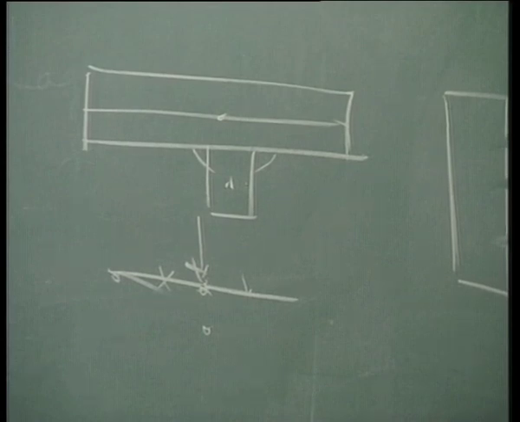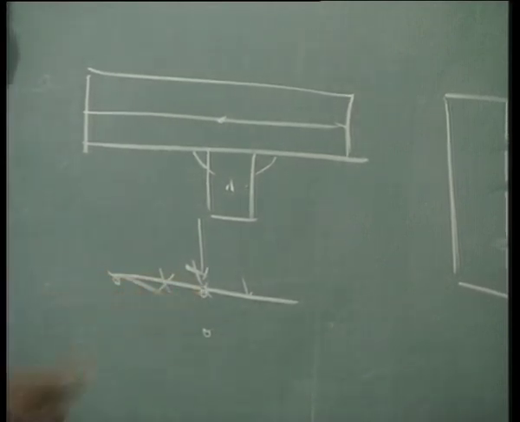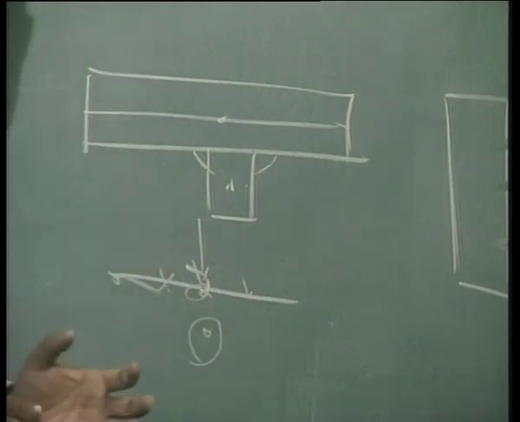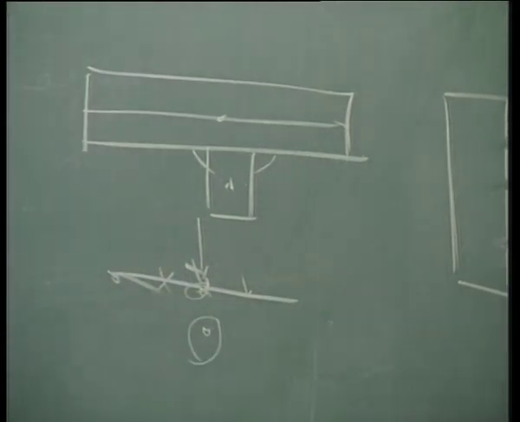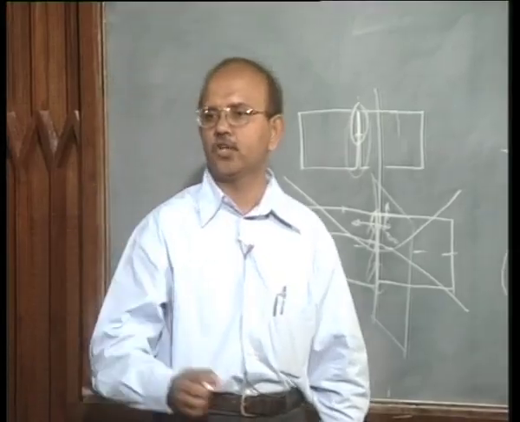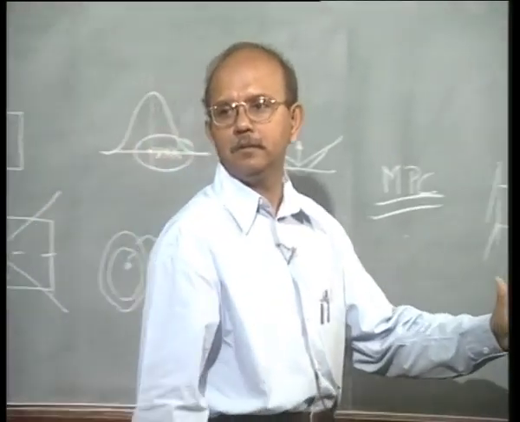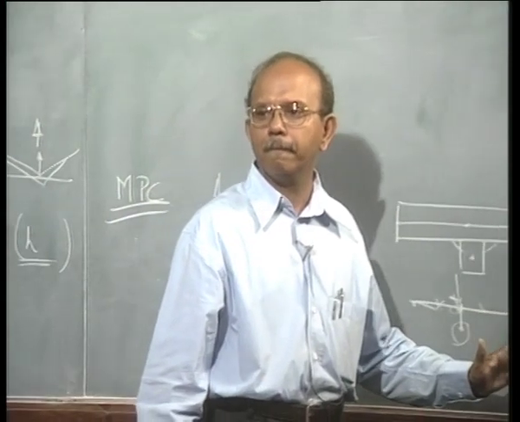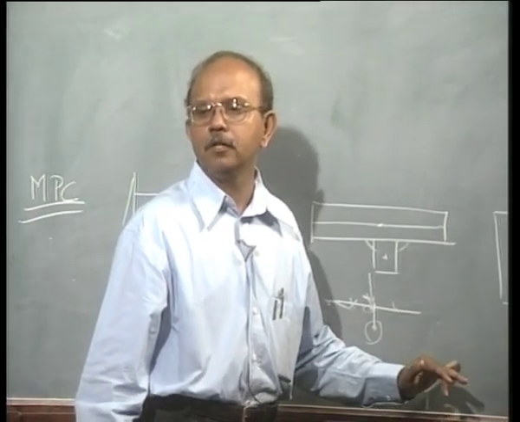So you may say that, look, this node and this node are actually tied, they are the same, they should behave in the same fashion, okay. Then only will I get the reinforcement effect, then I write an MPC between these two. So situations like this warrant the introduction of multi-point constraints, right.